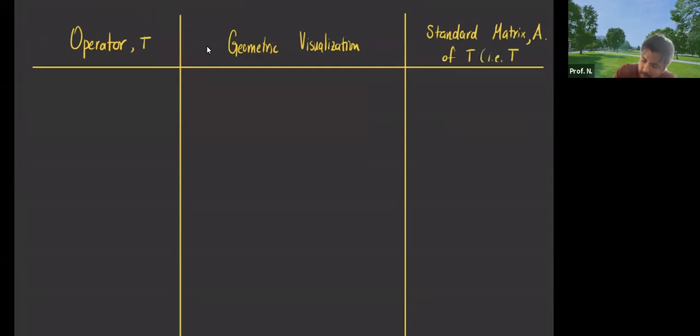And we like using T sub A to indicate that it's an operator called T with an associated matrix called A.